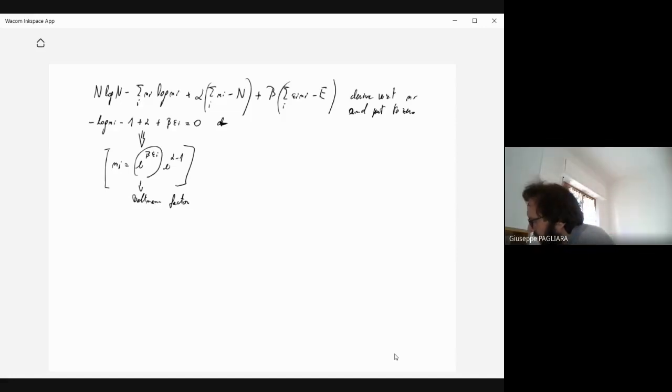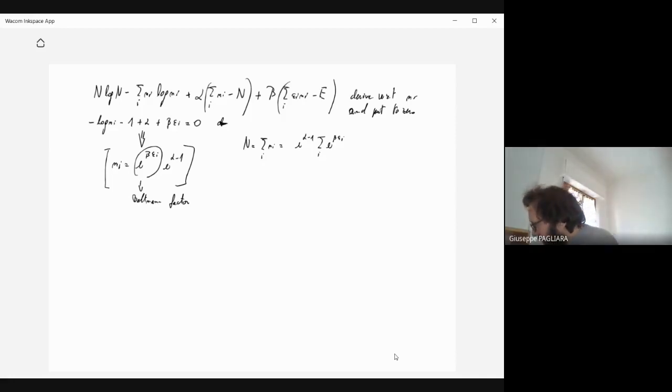Of course, now I have to add the two constraints in order to find the values of alpha and beta. Therefore, what I need to write is that n must be the sum over Ni, which means e to the alpha minus 1 times the sum over e to the beta epsilon i.